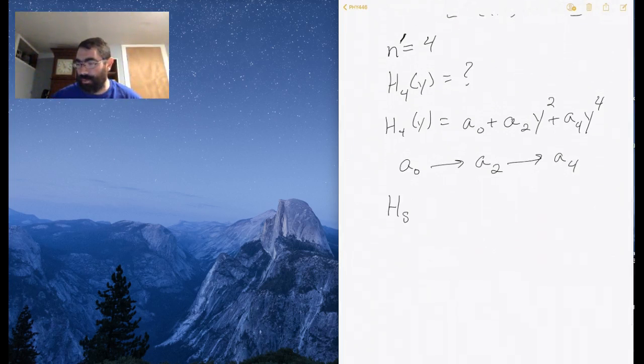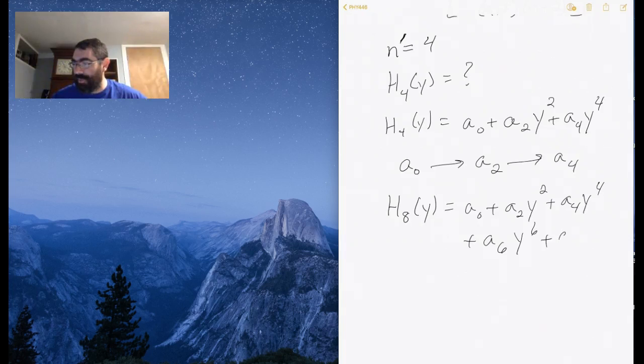If we wanted to look at h, the eighth polynomial, then in that case it would be a sub 0 plus a2 y squared plus a4 y to the fourth plus a sub 6 y to the sixth plus a8 y to the eighth power, and then we would stop right there.